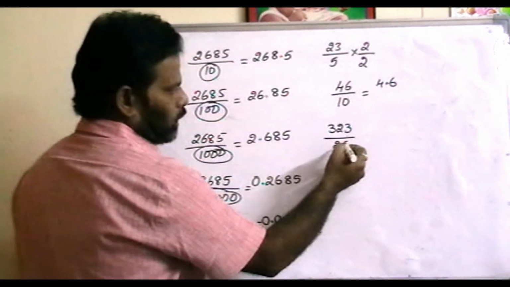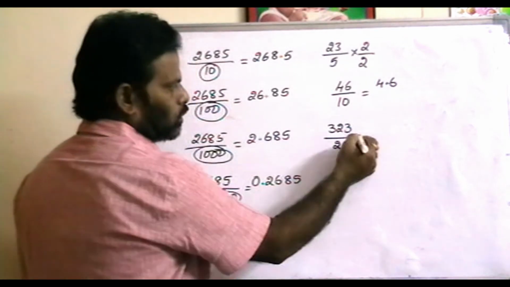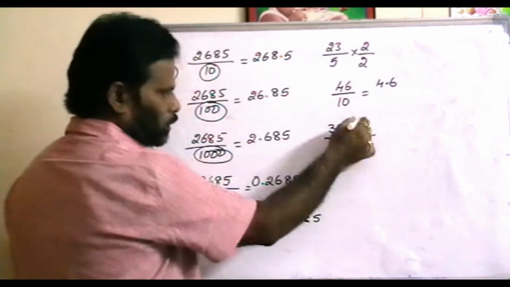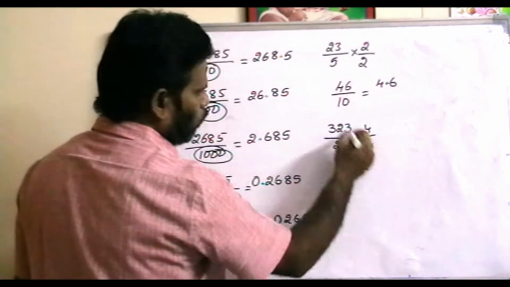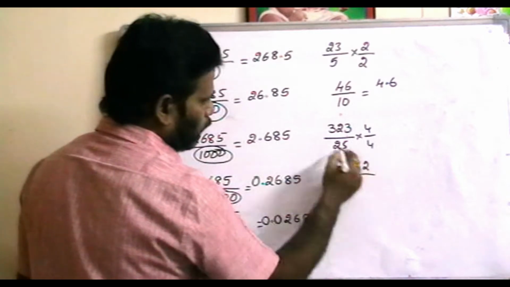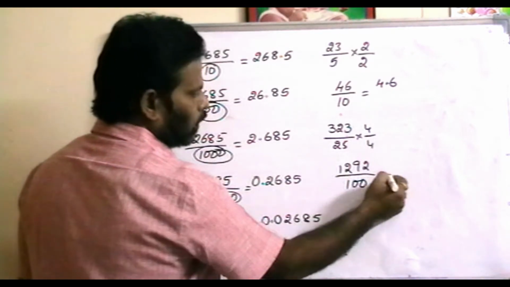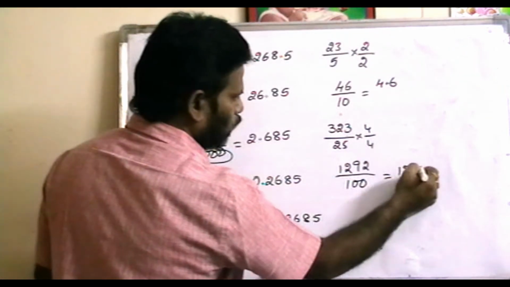So 25 is multiplied by 4, 25 4s are 100. So both numerator and denominator are multiplied by 4. Now 4 3s are 12, 4 2s are 8, plus 1 is 9, 4 3s are 12, so 1292 divided by 25 4s are 100. Now the denominator is a round figure with 2 zeros, so that is 12.92.